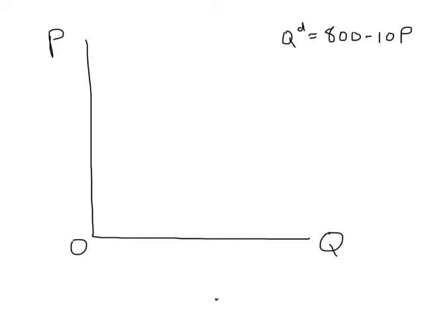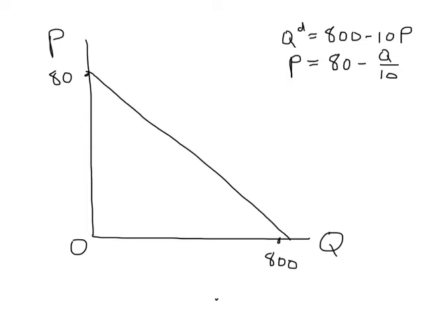It's easier to work with an inverse demand curve, so the equivalent function is p equals 80 minus q over 10. So that's going to be a function with a y-intercept of 80 and an x-intercept of 800. It's a straight line, so we can just connect that dot. And this doesn't have to be pretty.